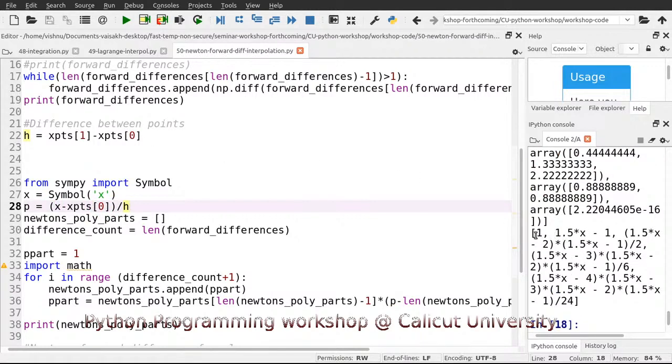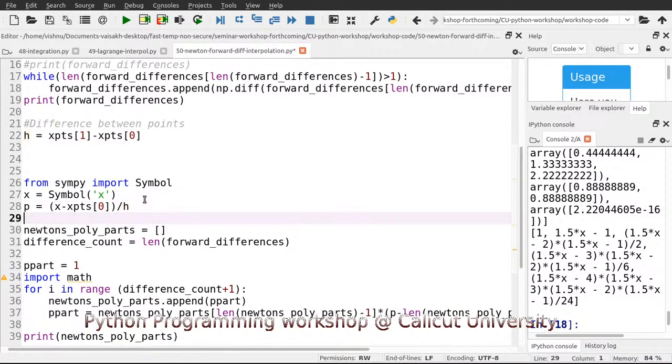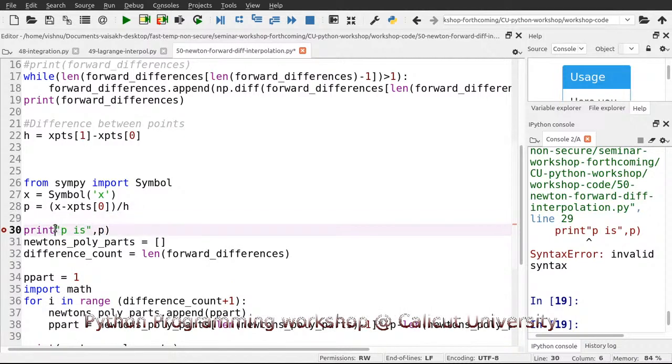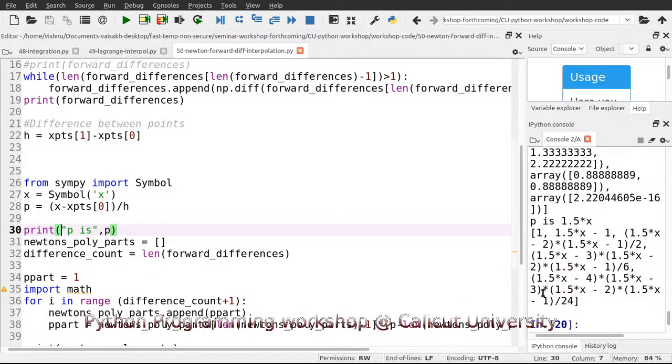So this is what's happening. So what is P? Let us see. P is 1.5x.